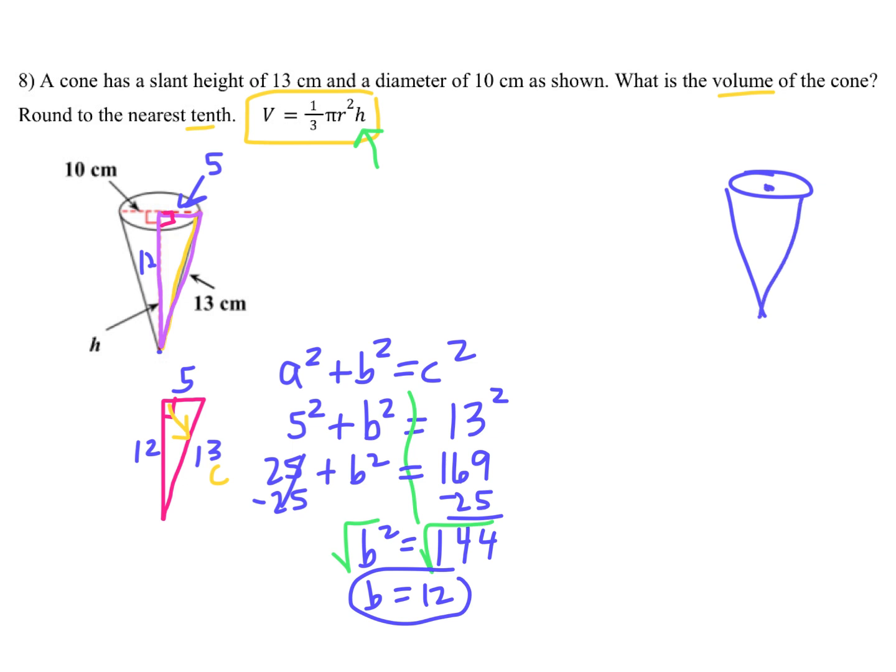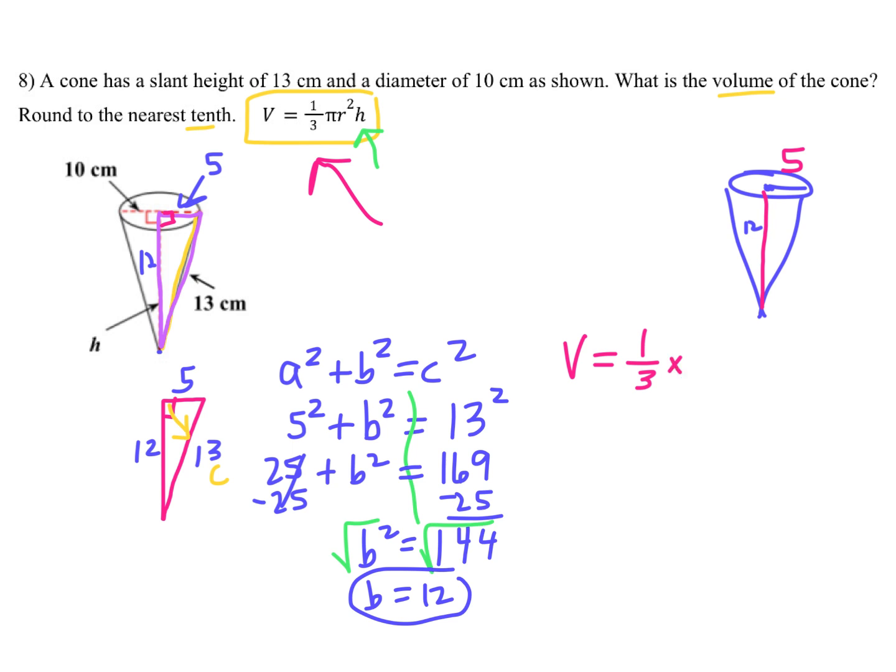So for the formula, we need the radius, which is 5, and the height, which we just found out is 12. So now I can use those numbers in my formula, which is given to you. So 1/3 times pi.